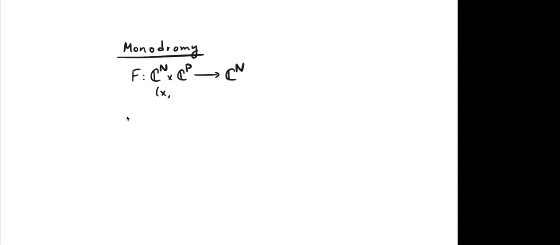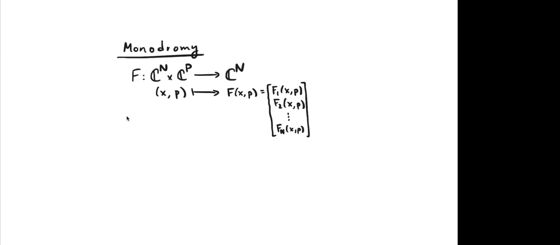And so we had our n variables x, our p parameters p, and those get mapped to some n equations. So now each polynomial f sub i depends not only on the n variables but also on some parameters. We can think of them as a column vector whose entries are polynomials.